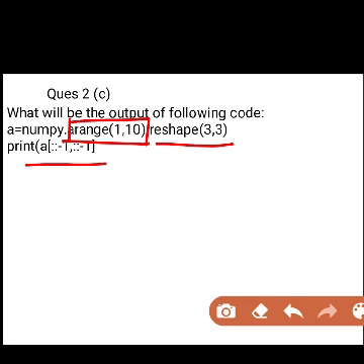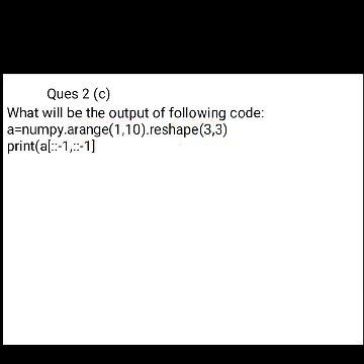Here it has given the starting value and last value, but not the step value. Now the default step value is 1. If not specified, then it will create the array from 1 to 9. After creating the array, it will reshape it into 3, 3, and the array will become in this way: 1, 2, 3, 4, 5, 6, 7, 8, 9.